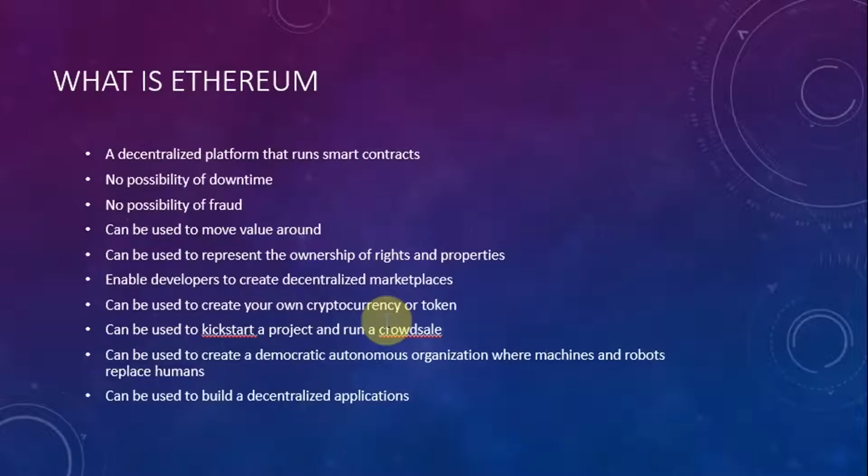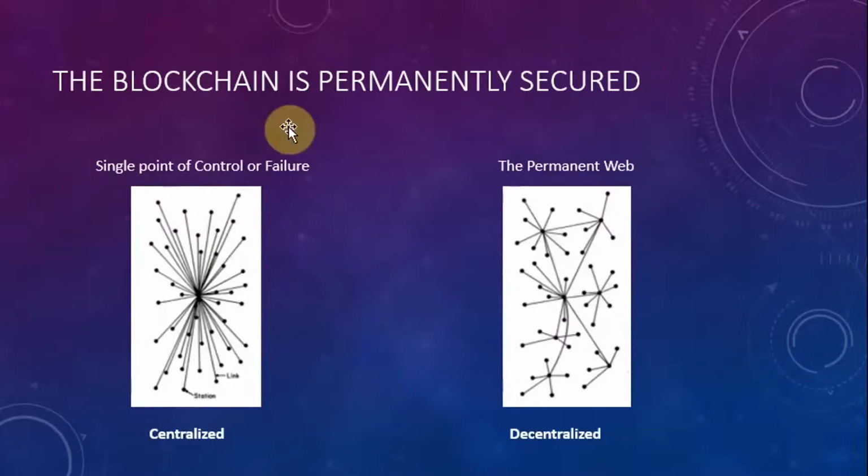So Ethereum, like I said, is a decentralized platform that runs smart contracts. That is a fact. And with Ethereum, of course, there is no possibility of downtime, because Ethereum runs on the blockchain. If you remember from the last figure I showed, I said the blockchain is permanently secured, and I talked about the permanent web.